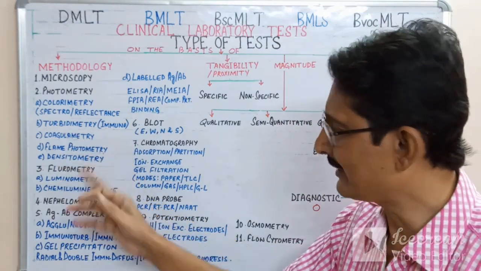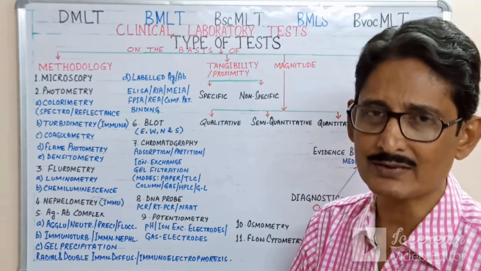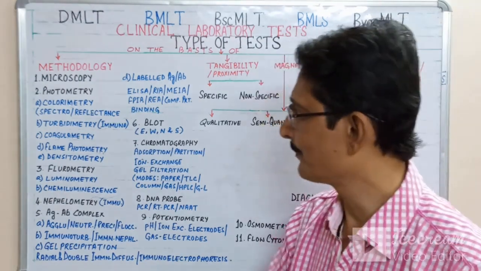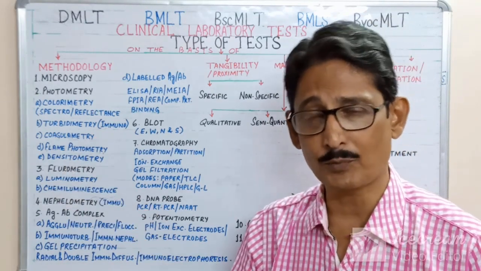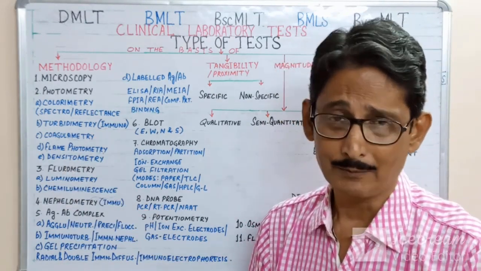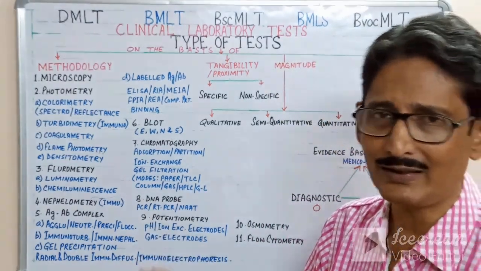Now turbidimetry; turbidity means haziness, so we measure a solution's haziness by using light. Coagulometry is the formation of coagulum in our serum or blood, measured by using light.